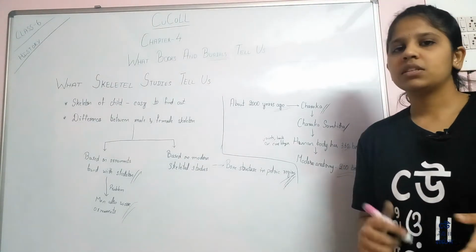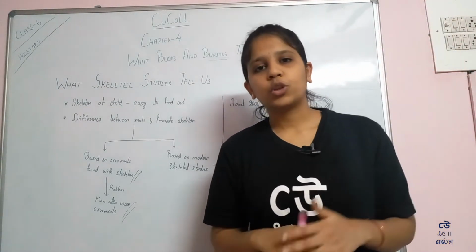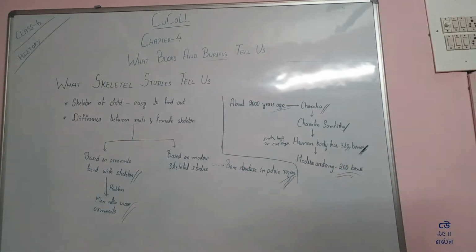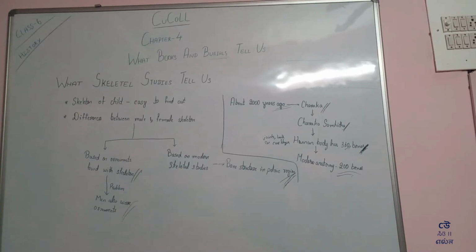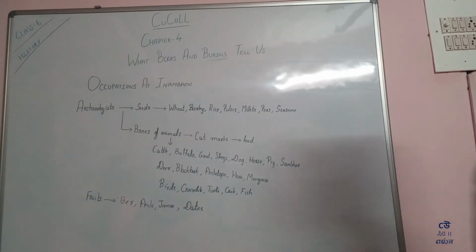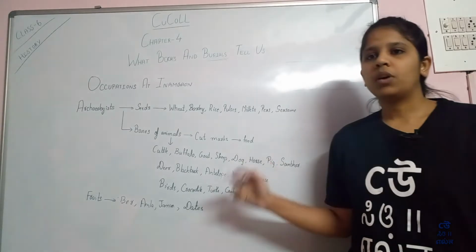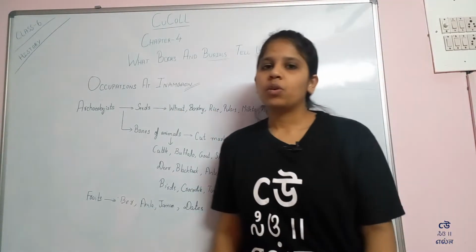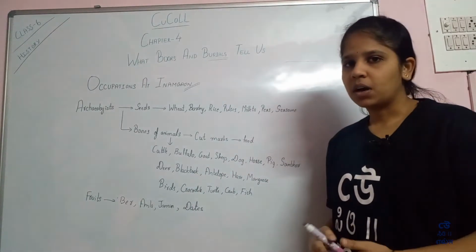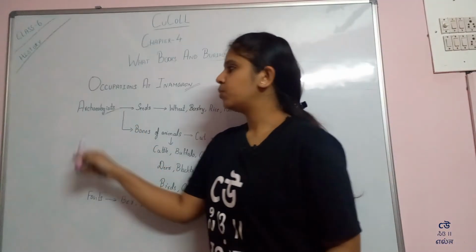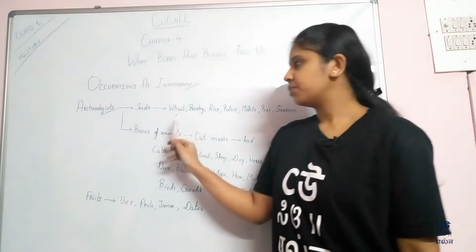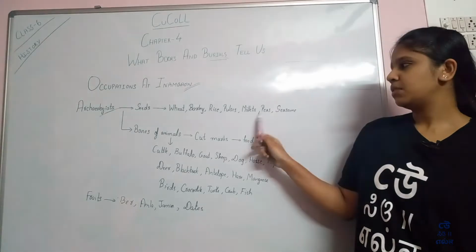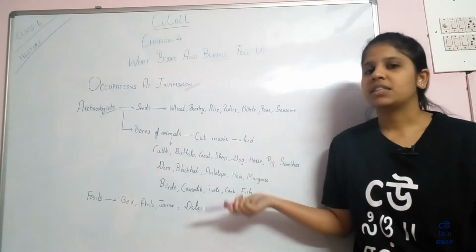Now let us know about the occupations at Inamgaon. What was the occupation of the people at Inamgaon? In Inamgaon, archaeologists found seeds of wheat, barley, rice, and some pulses, millets, peas, and sesame seeds.